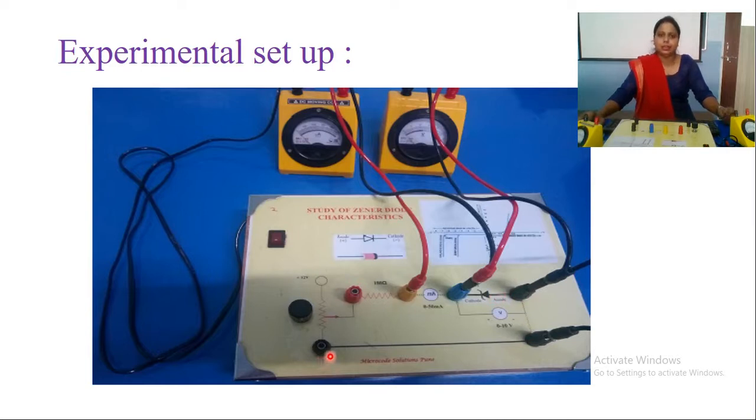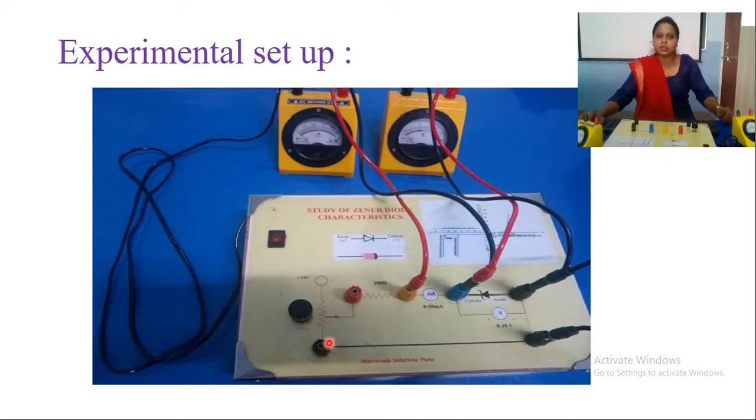I'll tell you one more time. This is battery positive, this is battery negative, and the Zener diode works in reverse bias condition. Reverse bias means anode should be connected to the negative terminal, cathode should be connected to the positive.